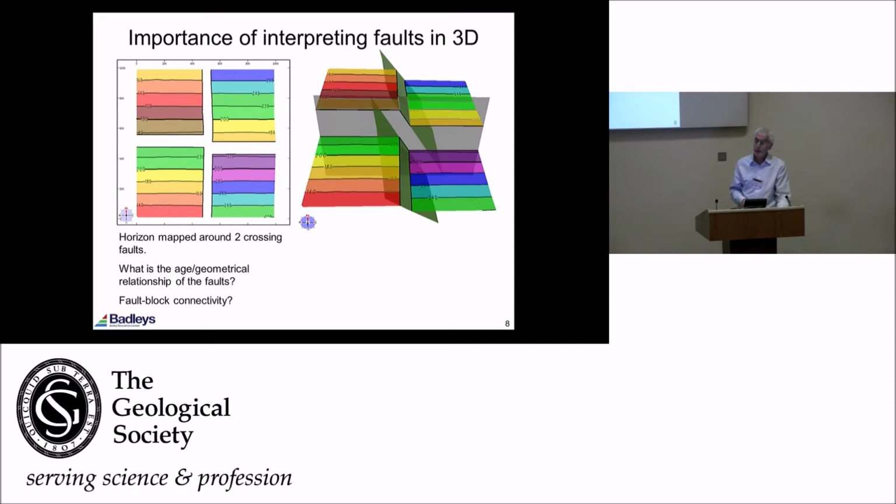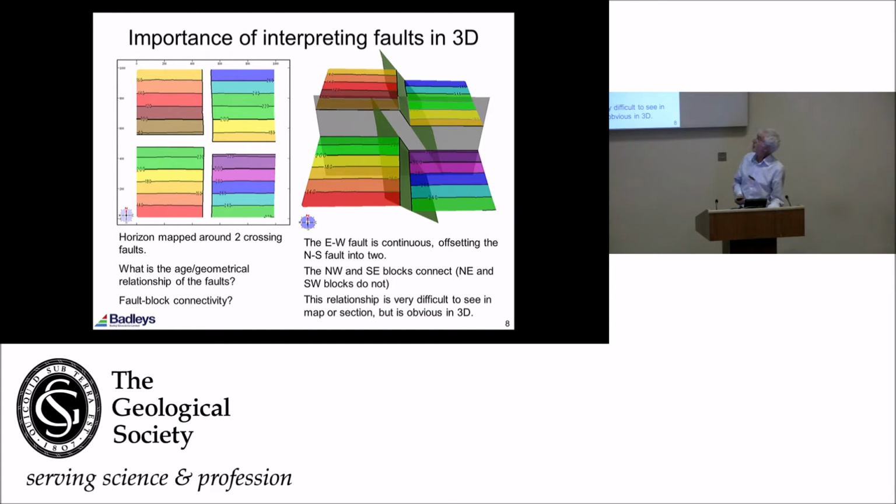But if we just tilt it back a little bit, you can see that the exact opposite is true. The east-west fault surface is actually continuous and displaces the north-south fault into 2 halves. And if we look at the fault blocks, actually the connectivity, if there is any, is between the northwest corner and the southeast corner.